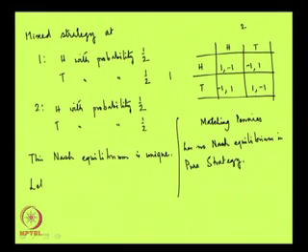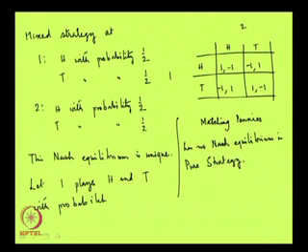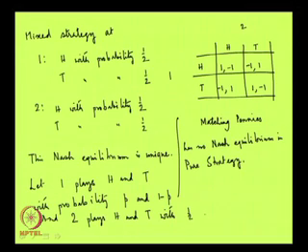So, instead of half and half, let us suppose that player 1 plays H and T with probability P and 1 minus P, and player 2 plays these actions with probabilities half and half.